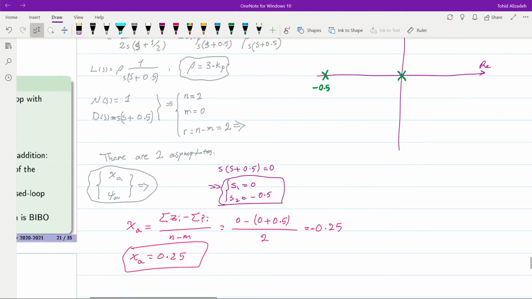For KCA, R times KCA will be equal to (2h plus 1) times pi, and 2h pi for the positive locus and negative locus. And since we have two asymptotes in this case, h will be equal to 0 and 1.